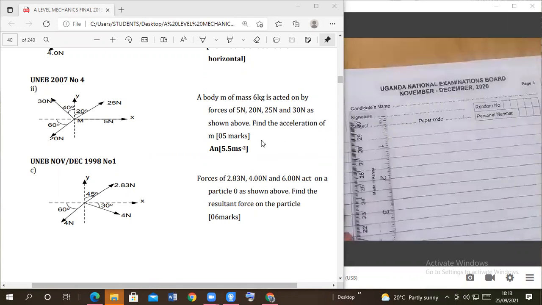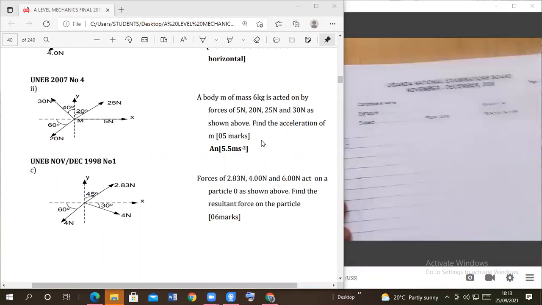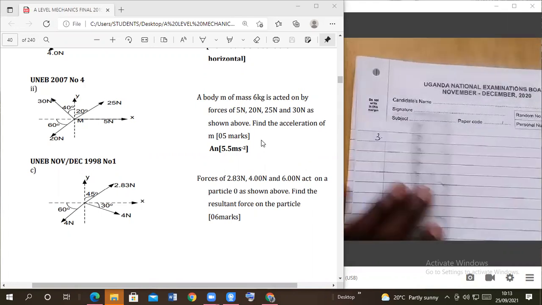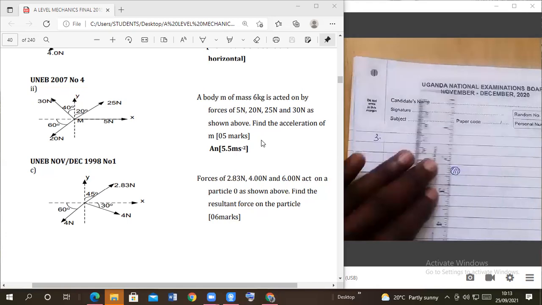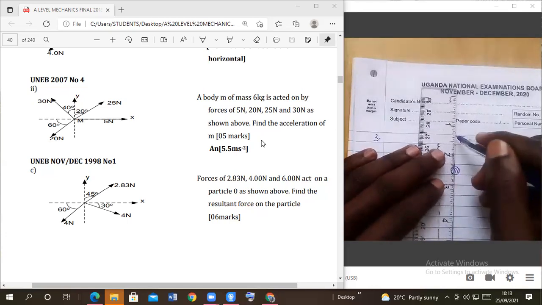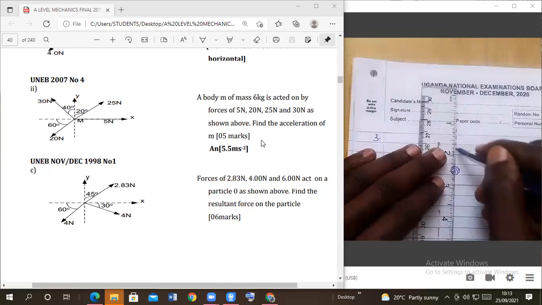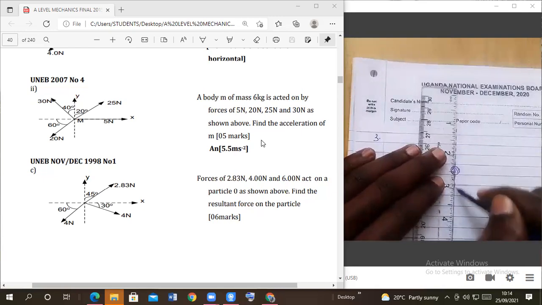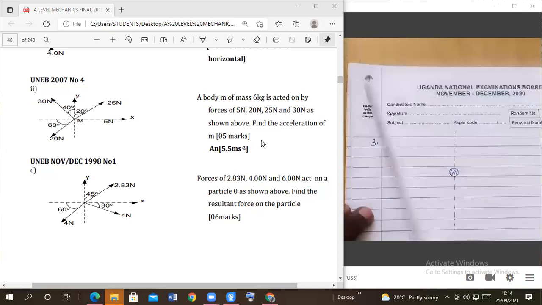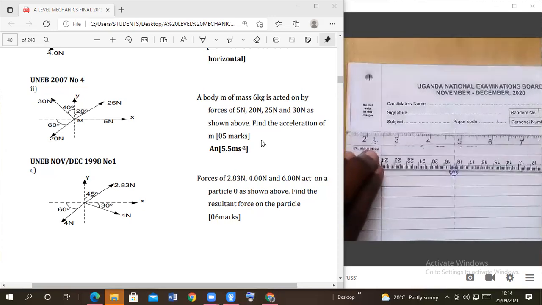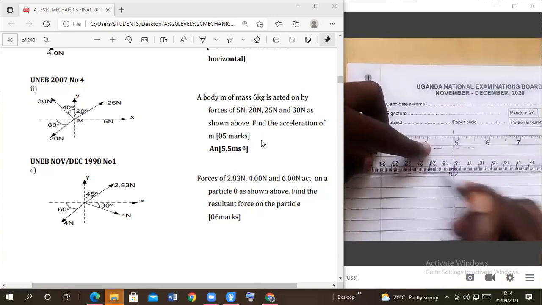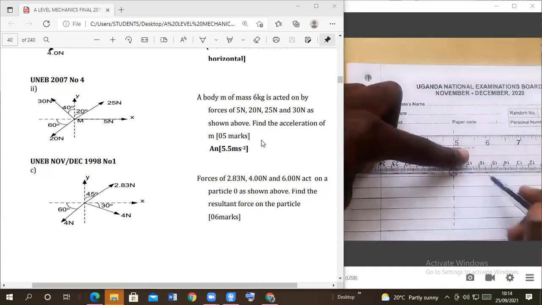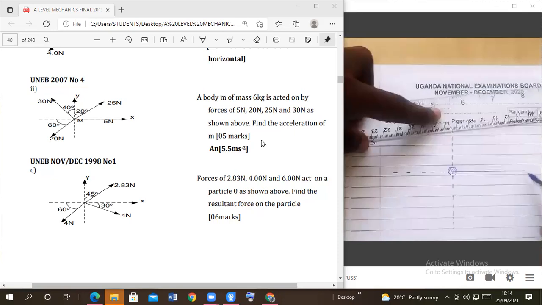So now let's get that. This is example number 3 we are doing. So this is the body, the body is here. This is 5 Newton.